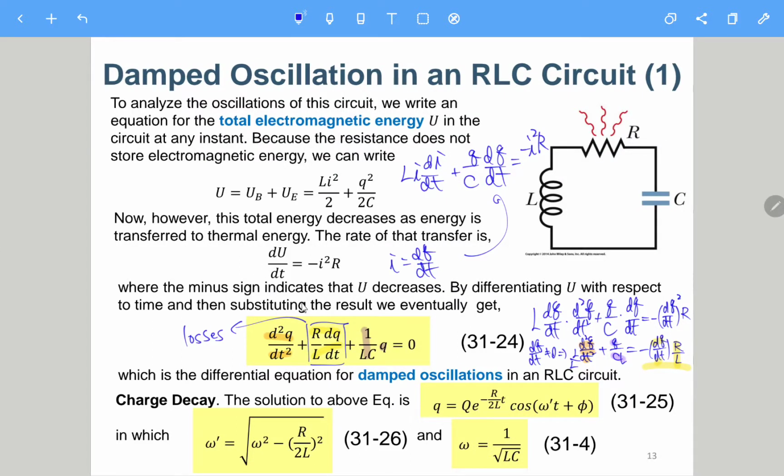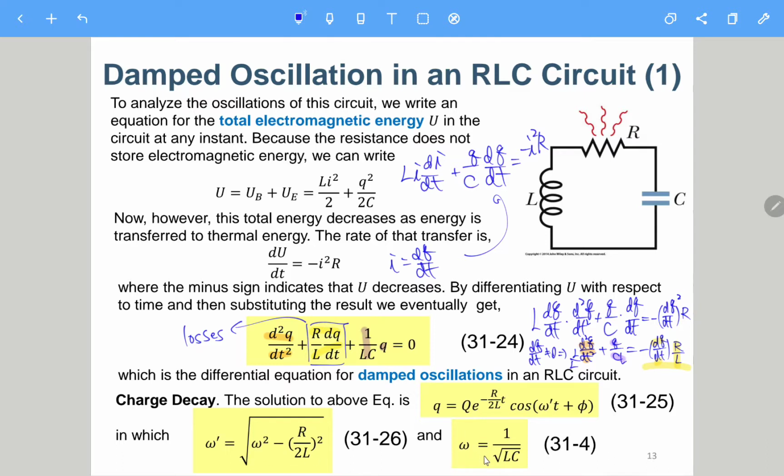When we solve this ODE, we get an expression like this. The oscillation frequency is not 1 over LC anymore, although we still define 1 over the square root of LC as omega. The natural frequency of this circuit is slightly smaller than omega. We have omega squared minus this term, which is slightly less than omega squared, and then take the square root, so the whole term is less than omega.